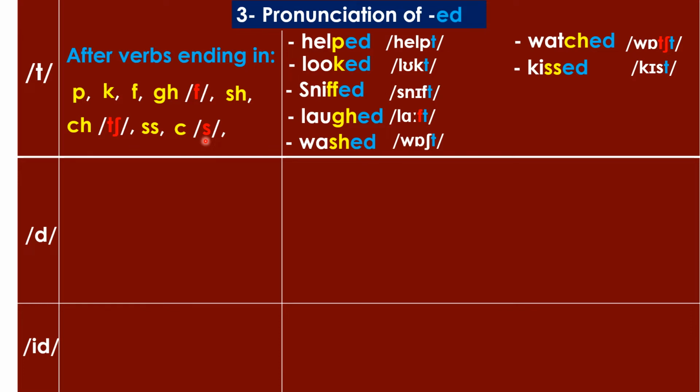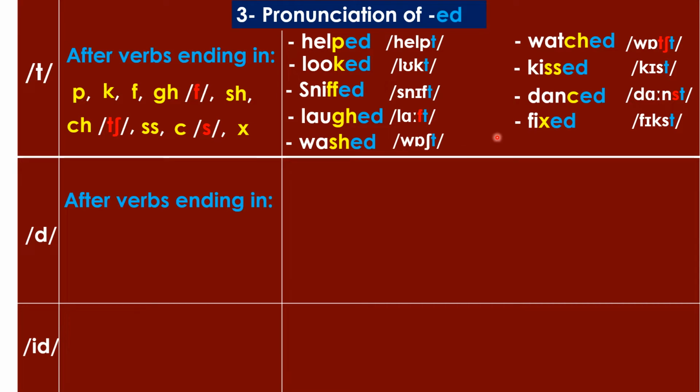One is pronounced as k, as in can, and then the other one is pronounced as s. So when the letter c is pronounced as s, as in danced. This is the phonetic transcription. And after x, as in, for example, fix, fixed.